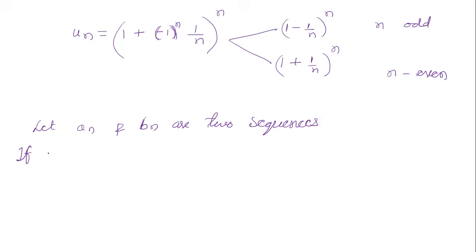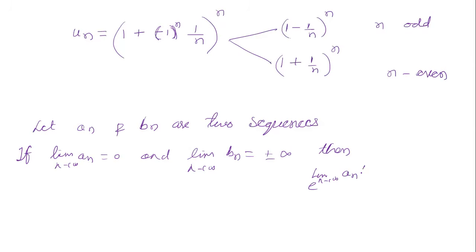If limit n tends to infinity an is equal to 0 and limit n tends to infinity bn is equal to plus or minus infinity, then this is the standard result: e to the power limit n tends to infinity an into bn.